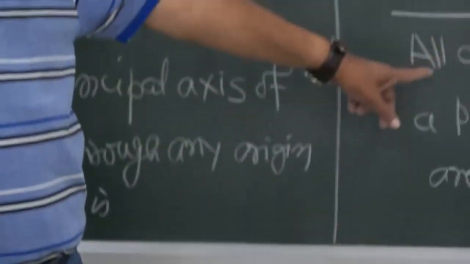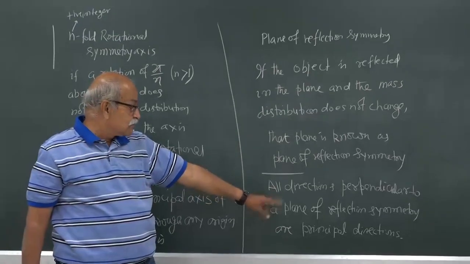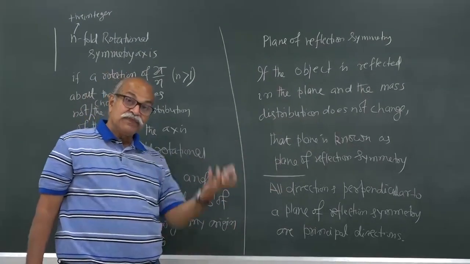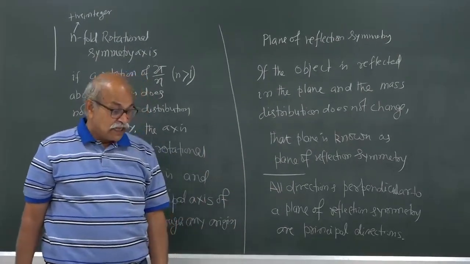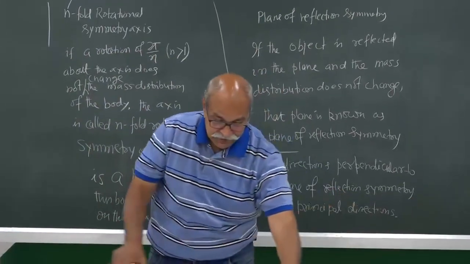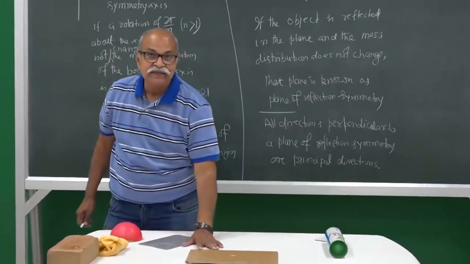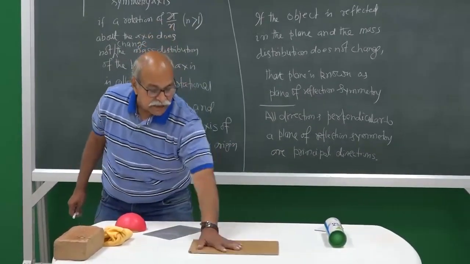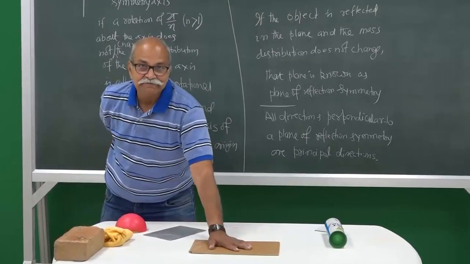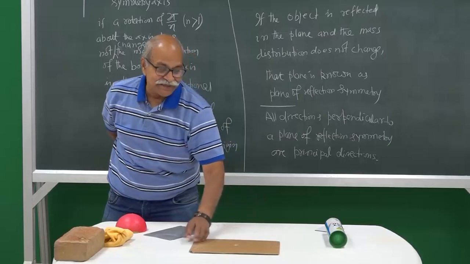So, this is another rule. If you can find a plane of reflection symmetry, then all directions perpendicular to that plane will give you the principal axis. Now, if I talk of my rectangular plate, the example with which I had done all the calculations, it is a two-dimensional object. So, this plane itself is a plane of reflection symmetry. Here are the masses of the object.